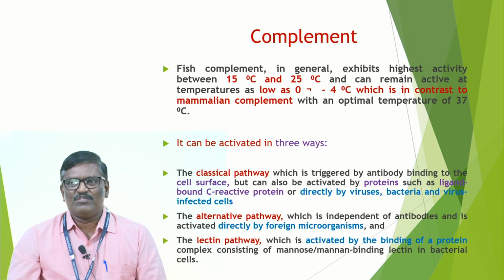The complement system means the molecules involved in the humoral defense mechanism. This complement generally exhibits the highest activity between 15 degrees Celsius and 25 degrees Celsius and can remain active at temperatures as low as -2 to -4 degrees Celsius, in contrast to the mammalian complement system with an optimal temperature of 37 degrees Celsius.